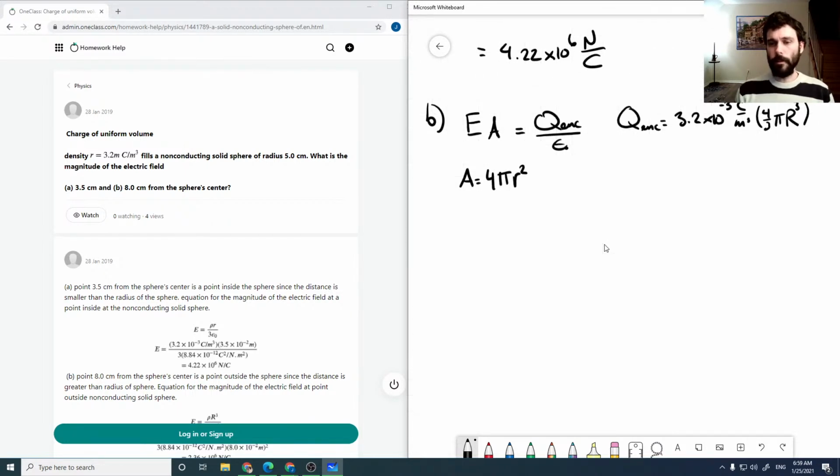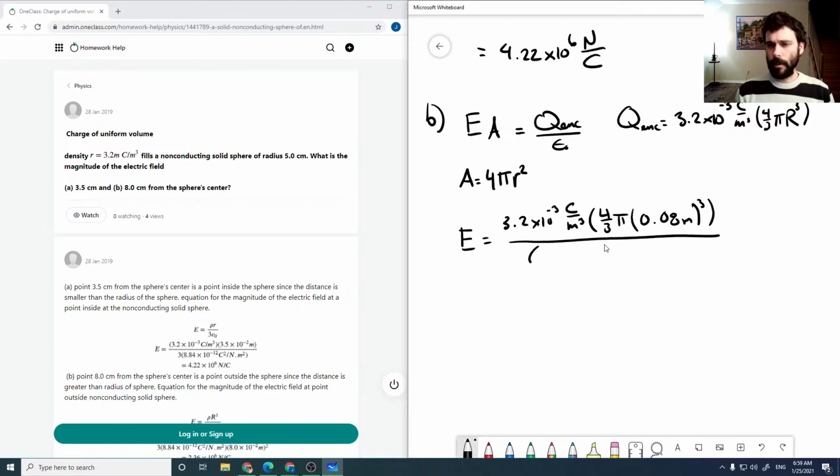So our E field is going to be 3.2 times 10 to the minus 3 coulombs per meter cubed, 4/3 pi R, 8 centimeters, or 0.08 meters cubed, over E naught times 4 pi.